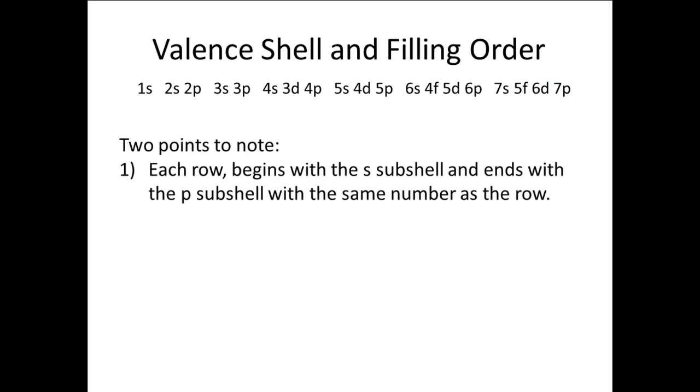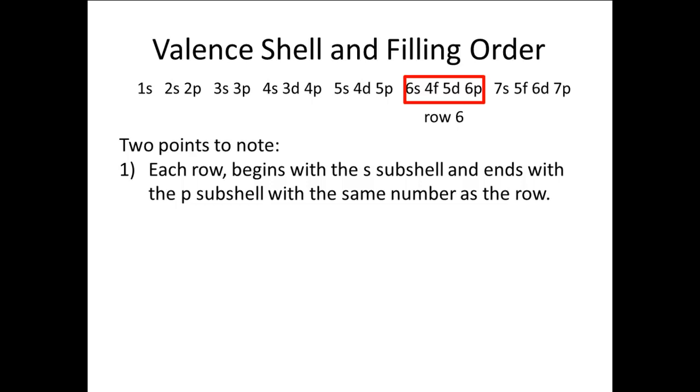Note that each row group, except for row 1, begins with the s subshell and ends with the p subshell that have the number of the row. For example, row 4 begins with 4s and ends with 4p, with 3d in the middle, and row 6 begins with 6s and ends with 6p, with 4f and 5d in the middle.